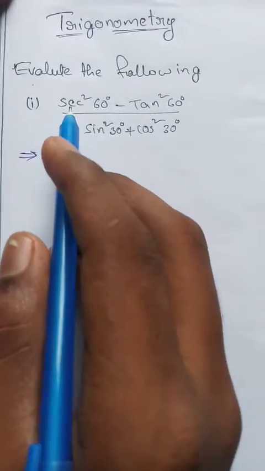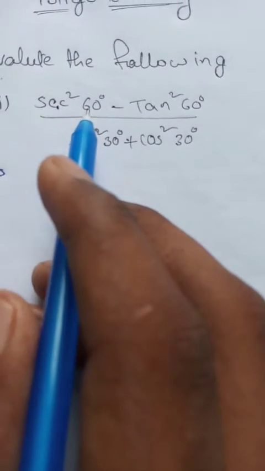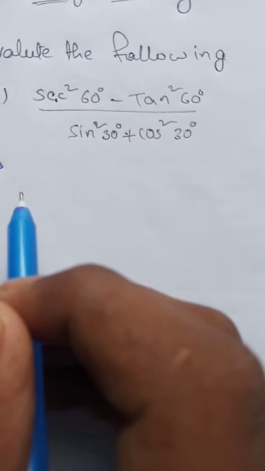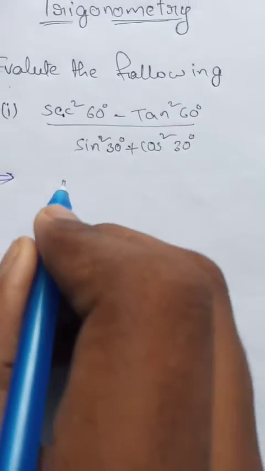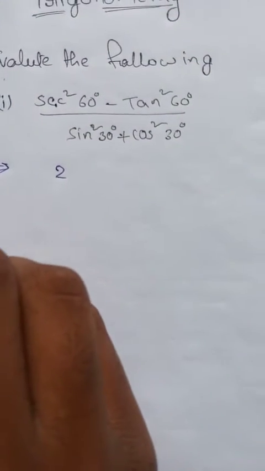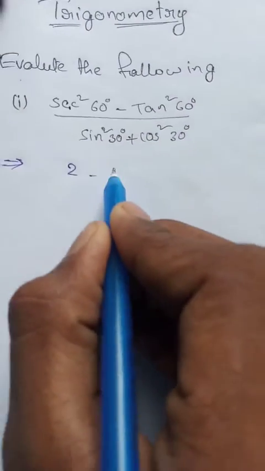Look at the table. What is the value of secant 60? Secant 60 value is 2 and tan 60 value is √3.